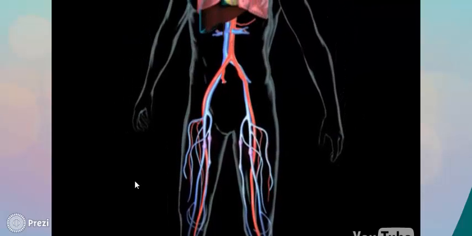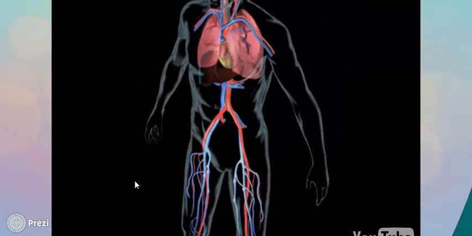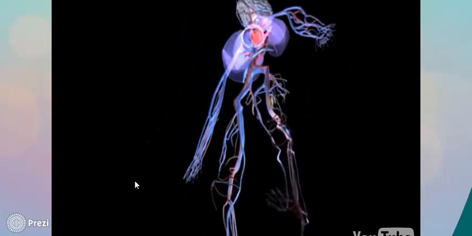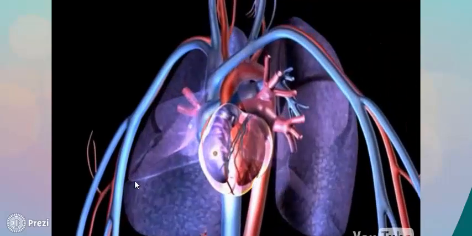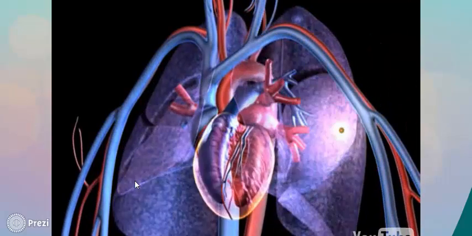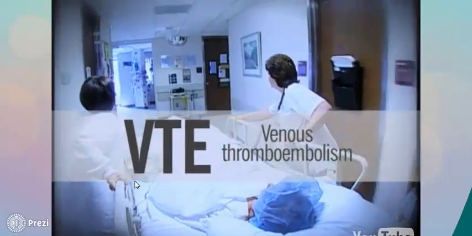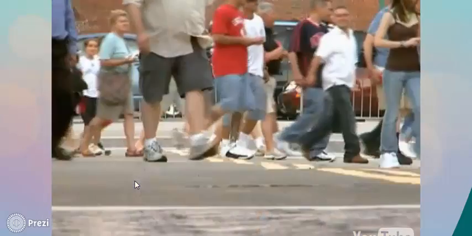Deep vein thrombosis, or DVT, is an example of an abnormal blood clot that forms in a major vein of the leg. When these clots break off from the vein, they can travel to the lung, causing pulmonary embolism. Collectively known as VTE, venous thromboembolism, this serious and life-threatening condition affects more than 1 million Americans each year.